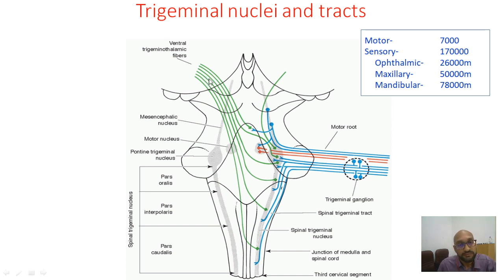Okay? And from there, the third order neurons will project towards the area 3, 1, 2, or the primary sensory area, and that too you know that this will be in the lower lateral part of the postcentral gyrus, which represents, if you remember the homunculus, the area for the head and neck and the face, right?